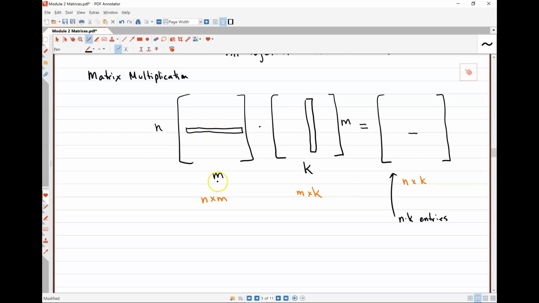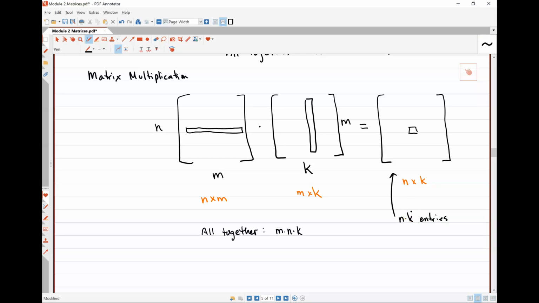Well, there are m numbers in this row, and m numbers in this column, so we'll have to multiply entry-wise and do m multiplications, and that's for just this one entry. So altogether, we're going to have m times n times k, because we're doing those m multiplications n times k times.